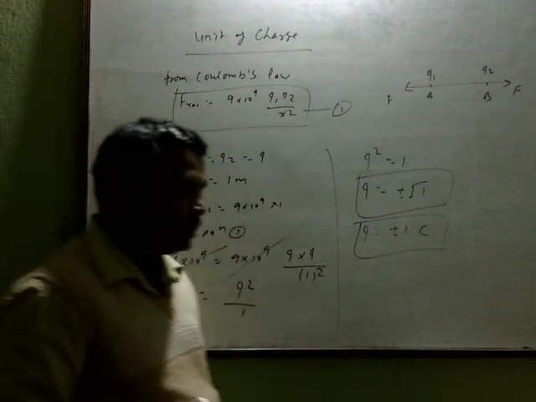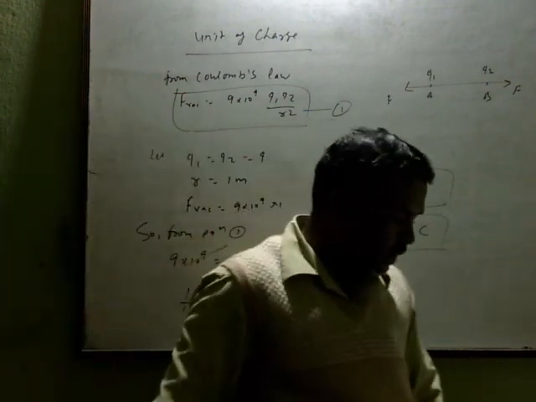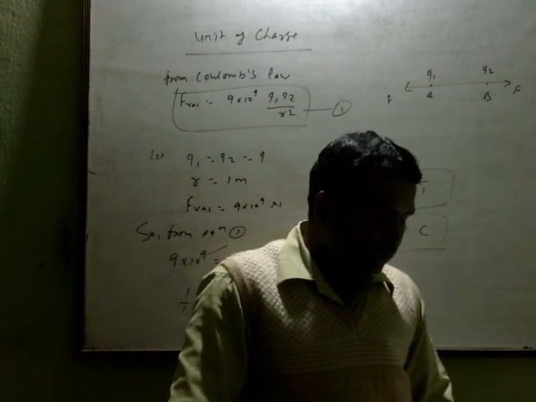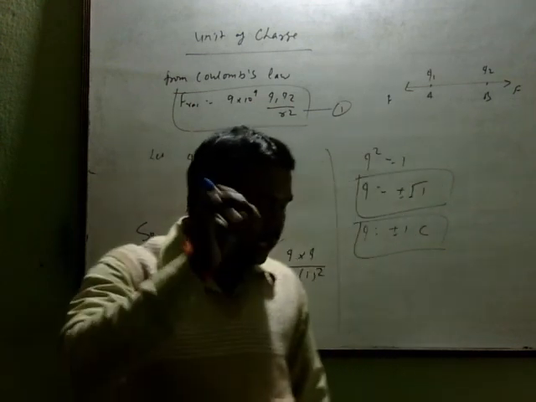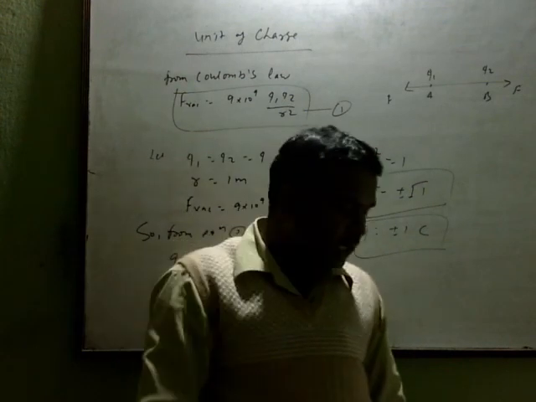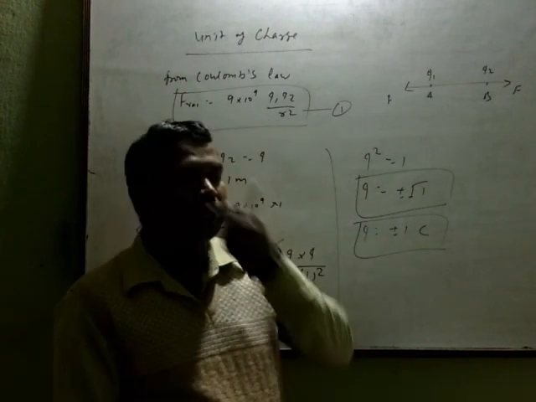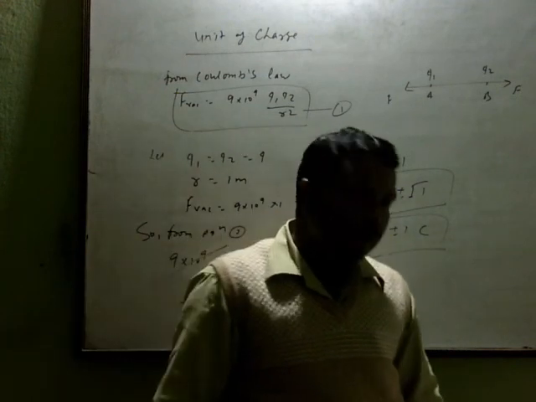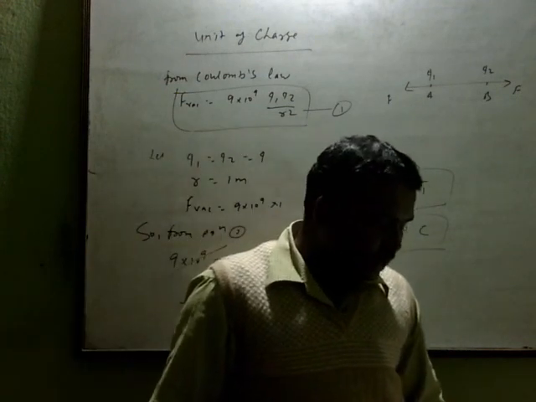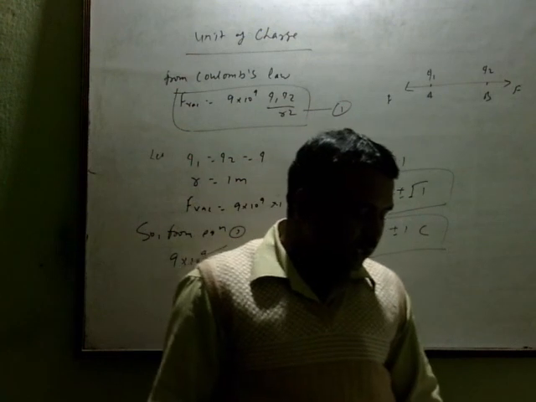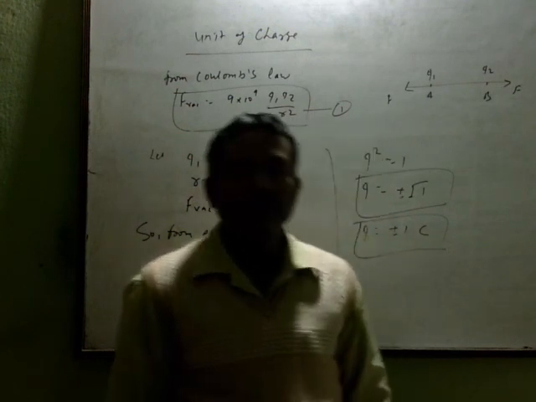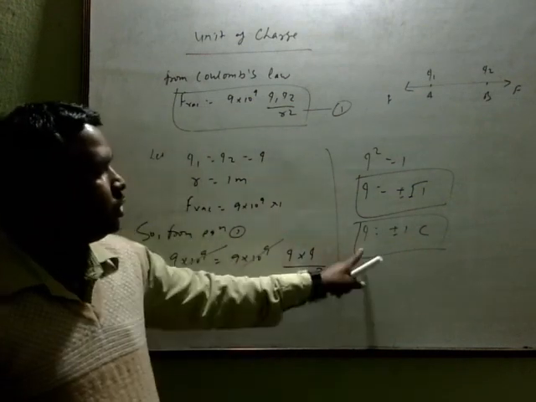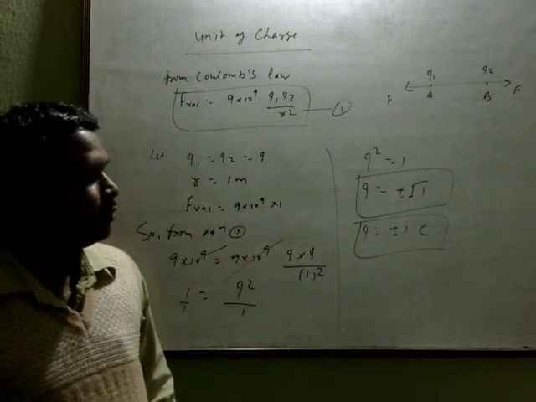One coulomb is that charge which repels an equal and similar charge with a force of 9 into 10 to the power 9 Newton when placed in vacuum at a distance of 1 meter from it. Is it correct? So we have Q is equal to plus minus 1 coulomb.